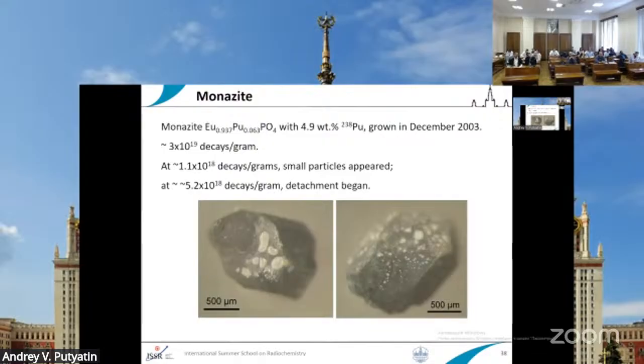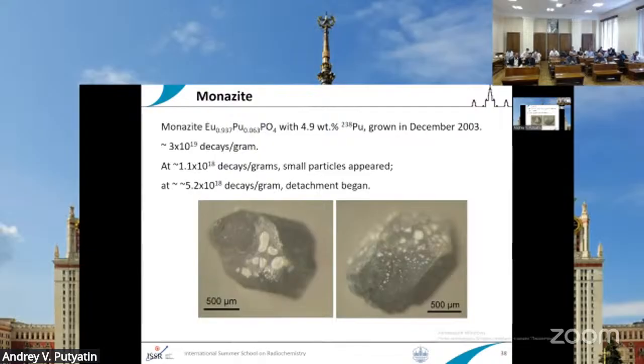But you can see that on the surface of these particles there is a formation of small particles, small flakes. These particles were investigated, and it was shown that actually it is a pure europium phosphate without plutonium.